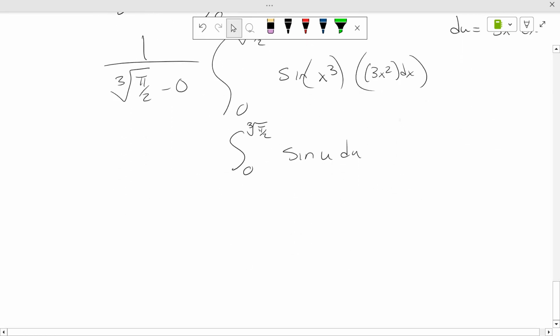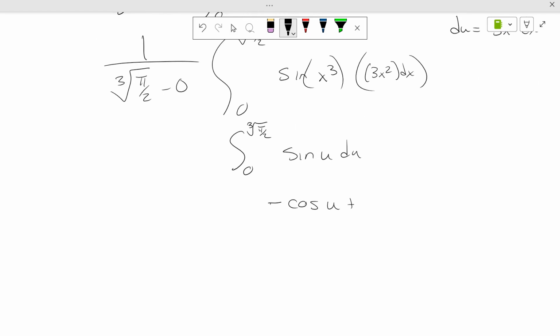Well, what's the sine of u? Negative cosine of u plus c. Okay, but it's not plus c because it has choices. It's a defined interval.